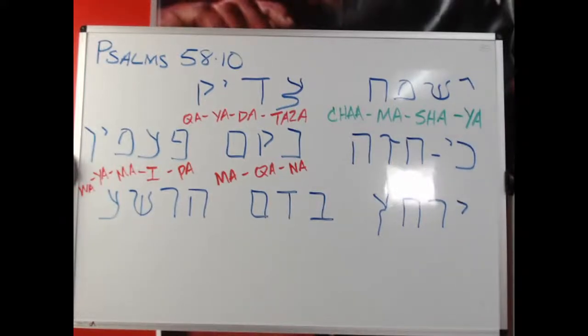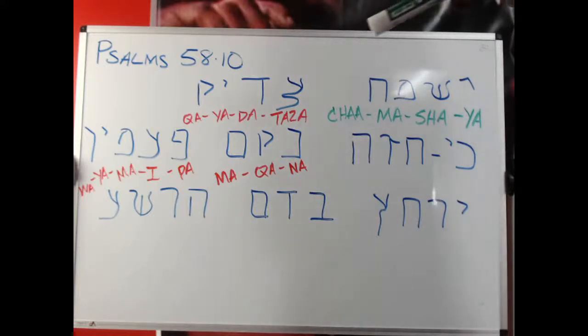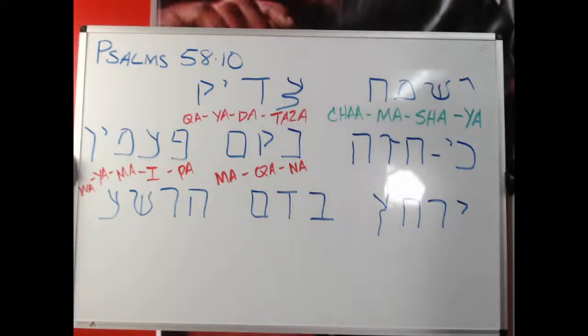Cool. So now talk to me. So far we have Yashamak, Tazadayak, Kaya, Kaza, Naquam. What's my next word? Pa what? You know what?